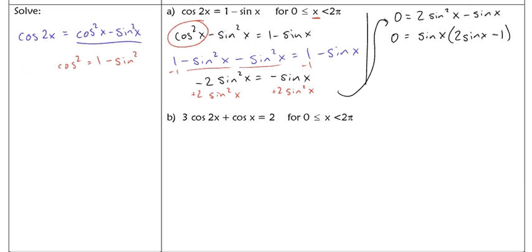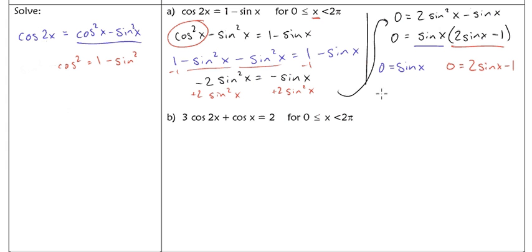We're going to split this into the two different things that our factors can be equal to. 0 can either be equal to sine of x, that's part 1. And then we're also going to set 0 equal to 2 sine of x minus 1. All right, where does sine of x equal 0?